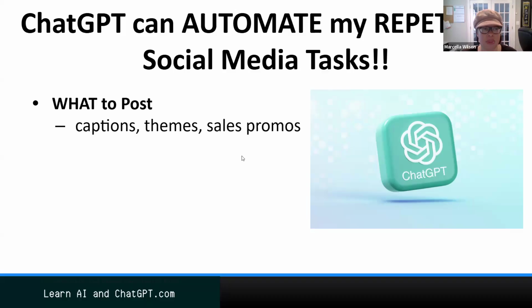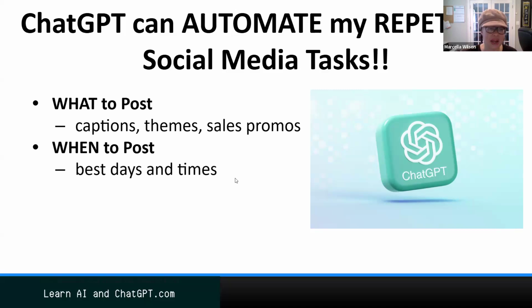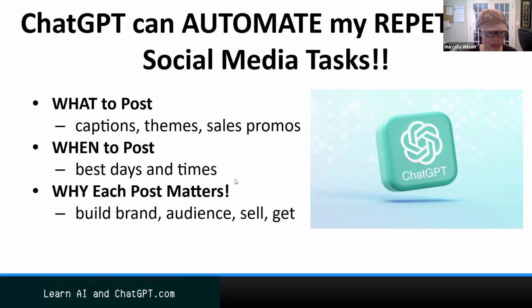It can tell you what to post, like captions, themes, sales promos, all those ideas it can come up with. It can tell you when to post, right? It can tell you the best days and times. And it can tell you why each post matters. It can help build your brand, speak specifically to your audience. It can create sales content. It can help you get leads, all of that.